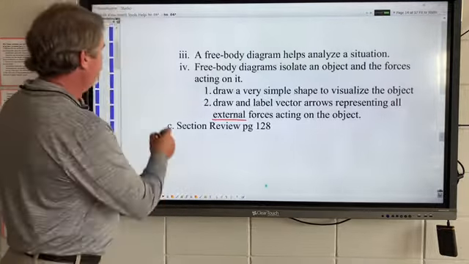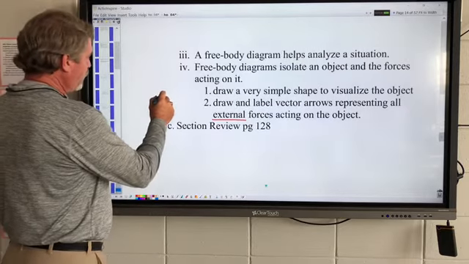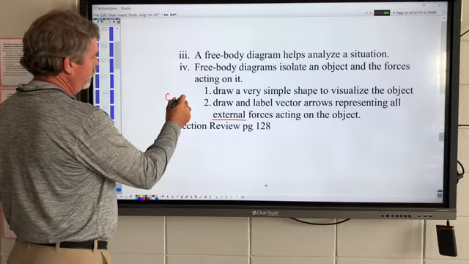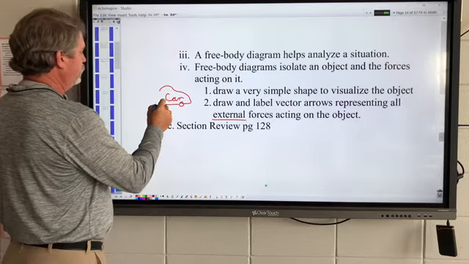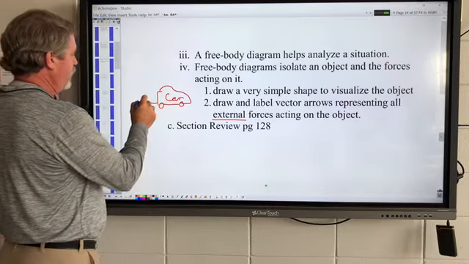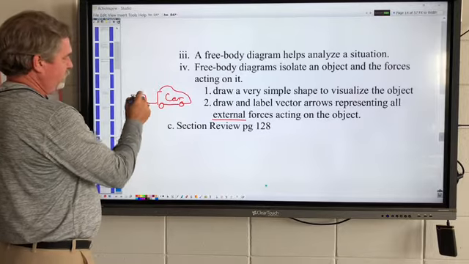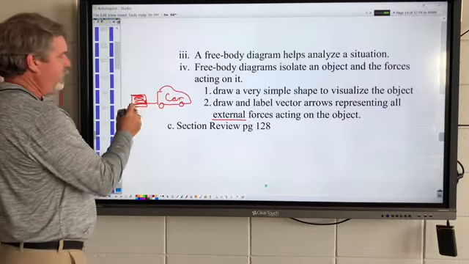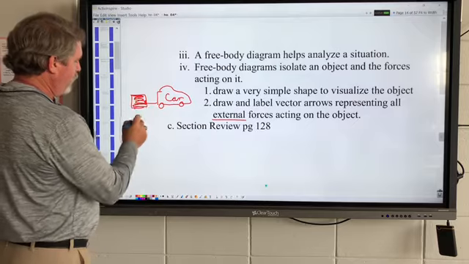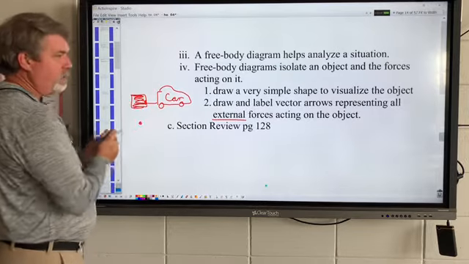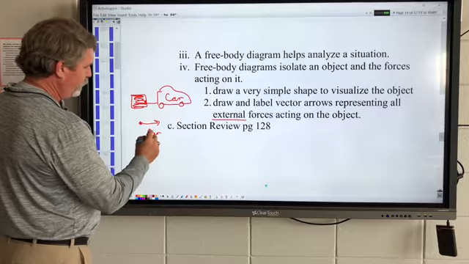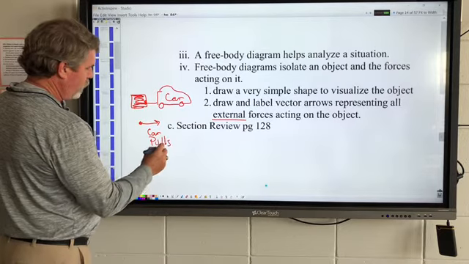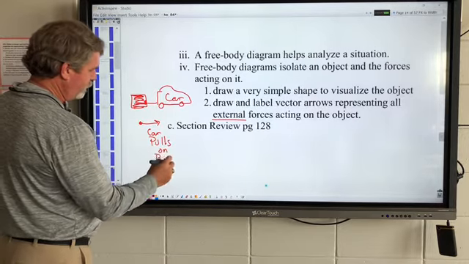So if we take, for example, a car, and that car is pulling some object, attached to this slide or whatever, this object over here. If we draw a free body diagram of this box, the car pulls on the box.